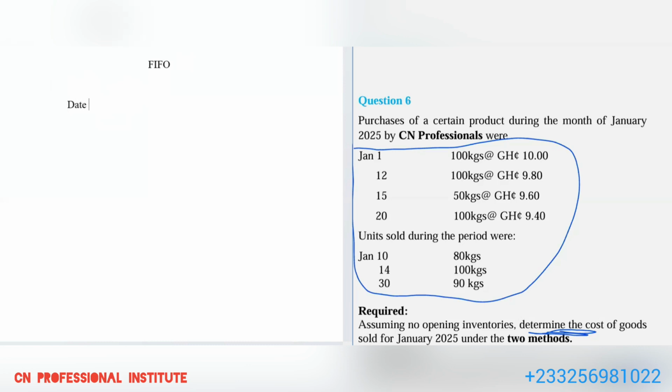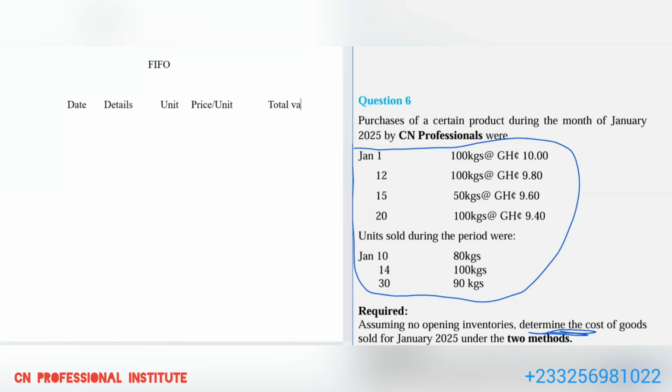I'll put my date here, then my details, then my unit, then the price per unit, and finally my total value.